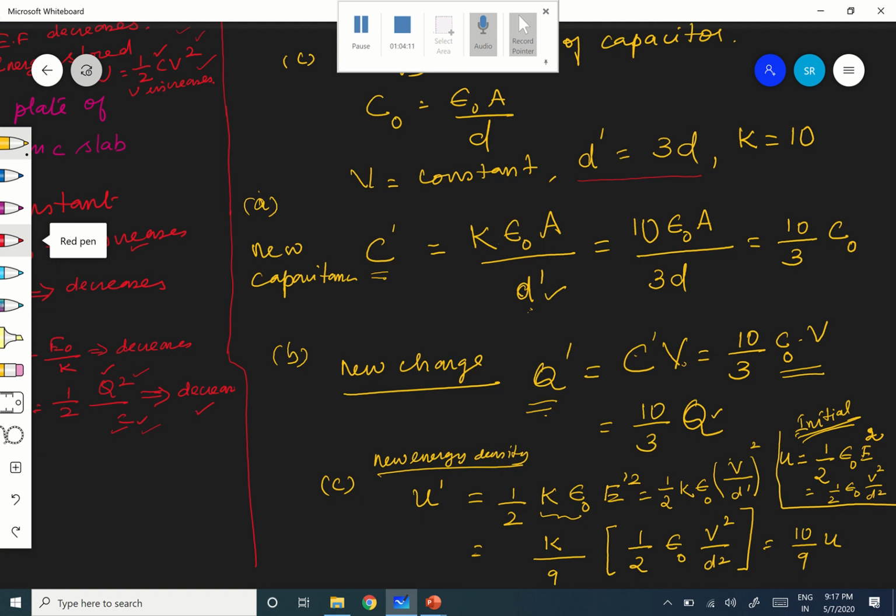Why E dash here? V is the same, but the distance of separation is changed, therefore E dash is equal to V by D dash. On substituting everything you will be getting K by 9 into this value, which is nothing but your initial value of U, therefore 10 by 9 U. Okay, so this is about this problem, that's it.